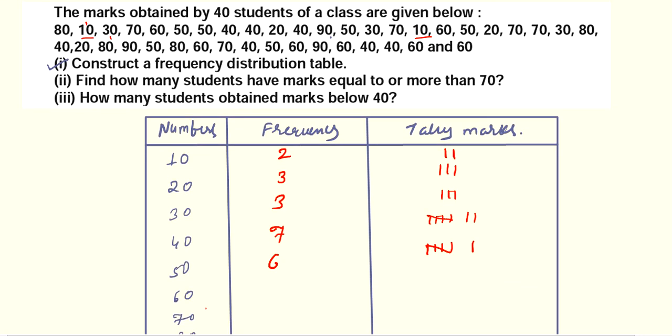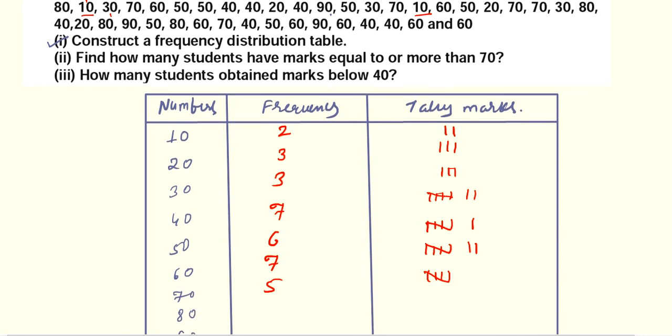After 50 we are having 60, so 60 is 1, 2, 3, 4, 5, 6, 7. So 60 we are having 7 times. Then 70 we are having here 5 times, 1, 2, 3, 4, 5.